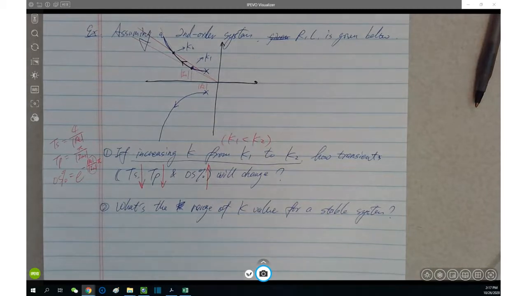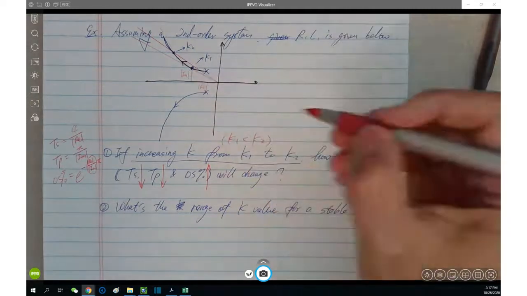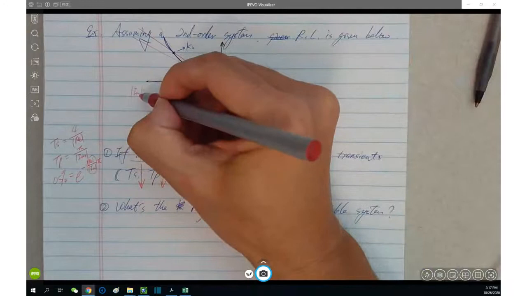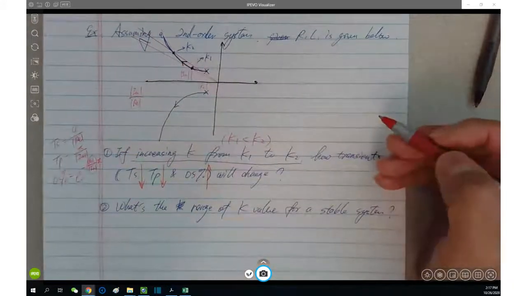From 1 to 2, your imaginary part is increasing, while your real part is what? Increasing as well. That's why you only need to check the slope. Right? Imaginary part over real part. Does it make sense?